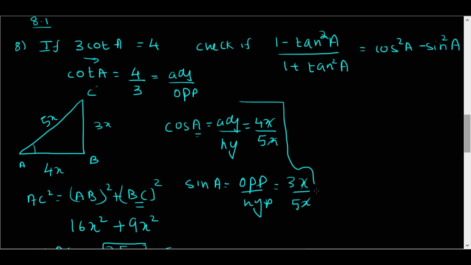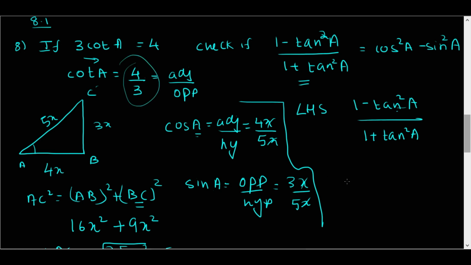Now let's solve our left side. Left hand side is 1 minus tan square A by 1 plus tan square A. Now tan A is 3 by 4. So 1 minus 3 by 4 the whole square by 1 plus 3 by 4 the whole square.